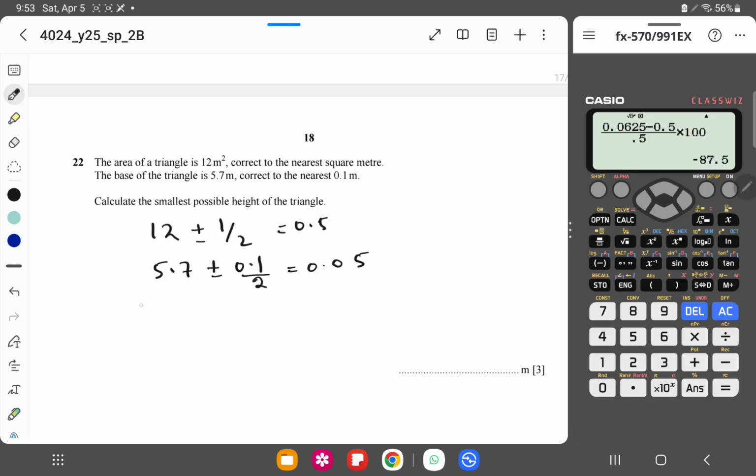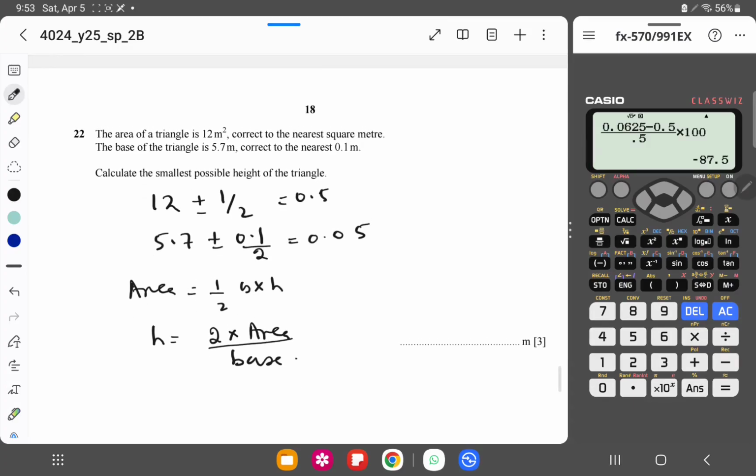When we add and subtract, we get the upper bound and lower bound. Smallest possible height. So area is given, and area is equal to half base into height. So height will be equal to 2 times the area divided by the base. Okay, a division question, so the area should be smaller and the base should be larger. So we take the area lower bound and the base upper bound to get the smallest possible answer.